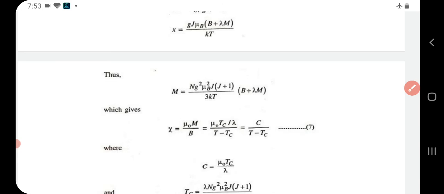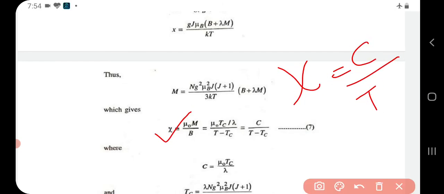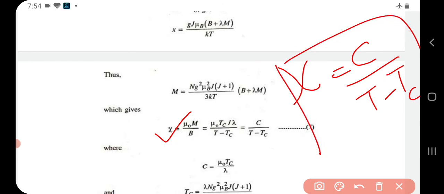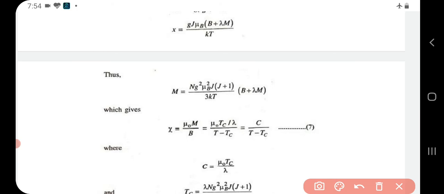Now this will give chi, that is susceptibility, equal to mu 0 M by B, which is again equal to mu 0 Tc by lambda (T minus Tc), or chi equal to C by (T minus Tc). This equation is very important, that is equation 7. Here they have skipped a few steps.